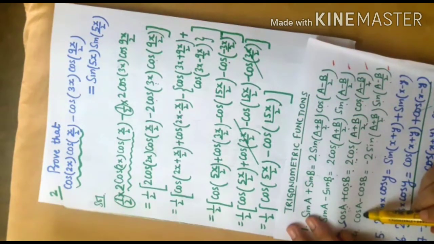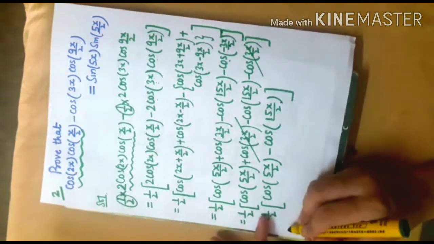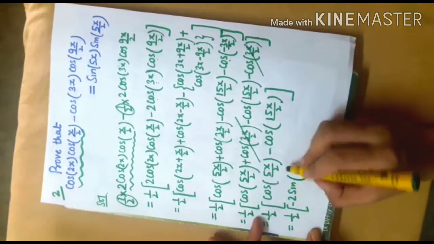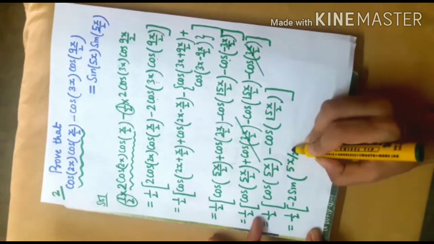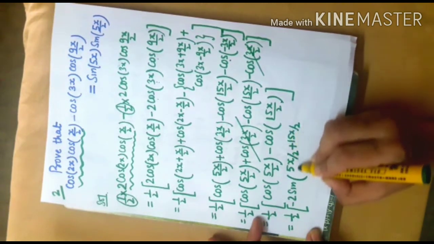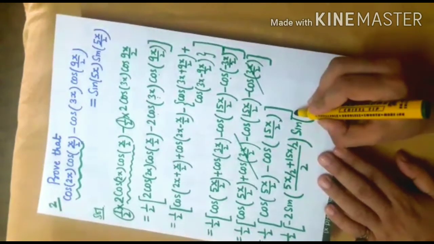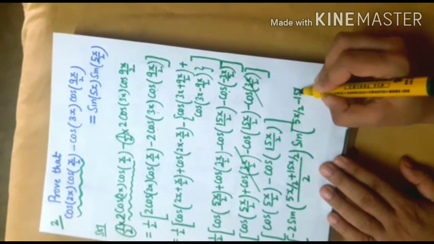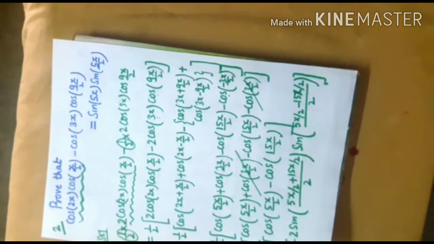So I'll apply this identity cos A minus cos B, which is minus 2 sine A plus B by 2 and sine A minus B by 2. So this will be equal to half minus 2 sine A plus B by 2, 5x by 2 plus 15x by 2 whole divided by 2, into sine A minus B by 2, 5x by 2 minus 15x by 2 whole divided by 2, right?